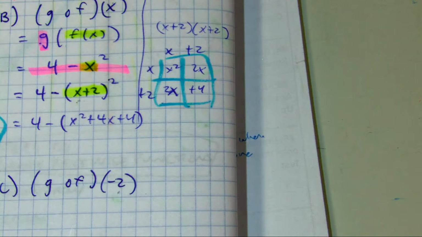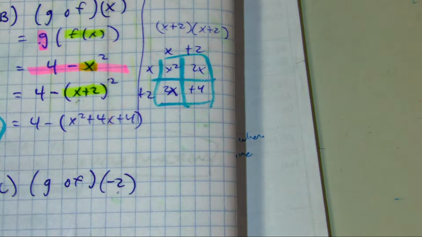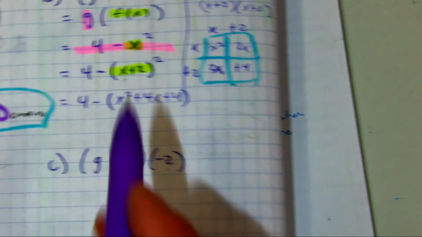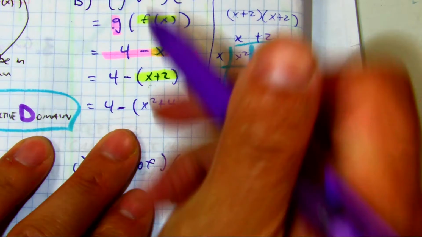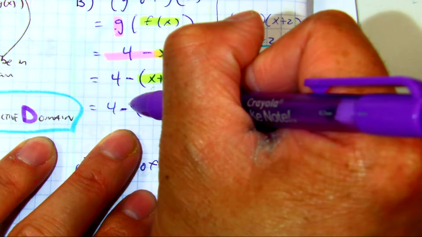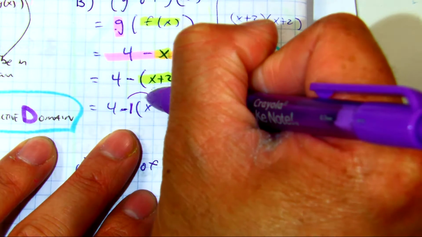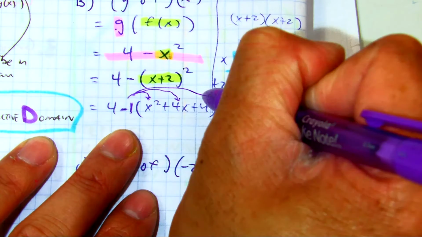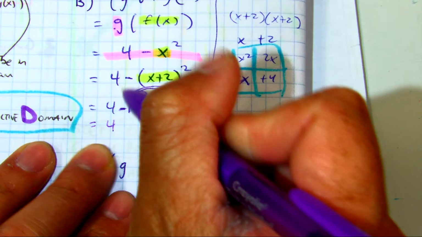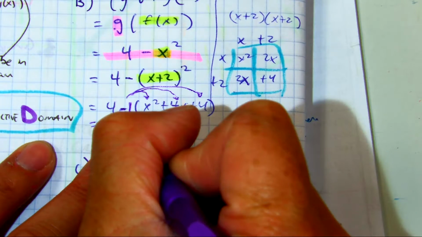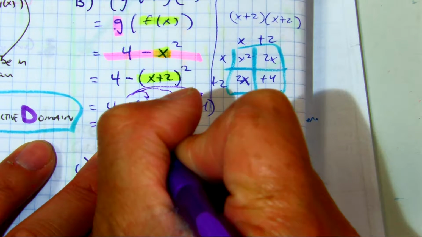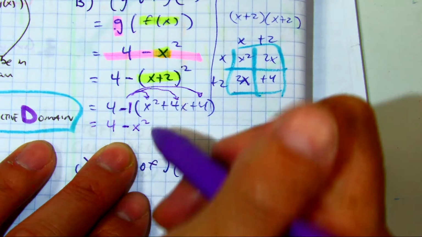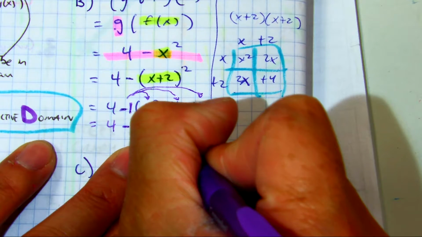Uh-oh, red alert. Minus sign. What do you do with it? Switch the signs. You can switch the signs, or you can distribute a -1. So I get 4. What do I get? Negative x squared. -1 times 4x, class? -4x.